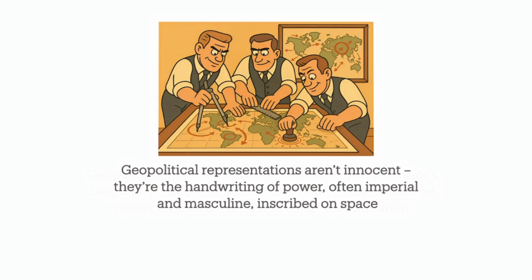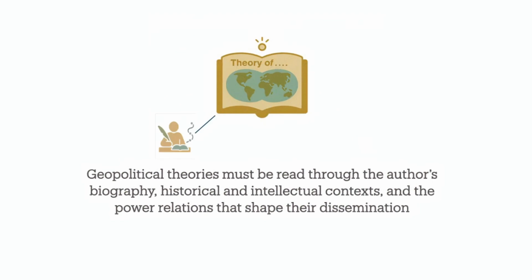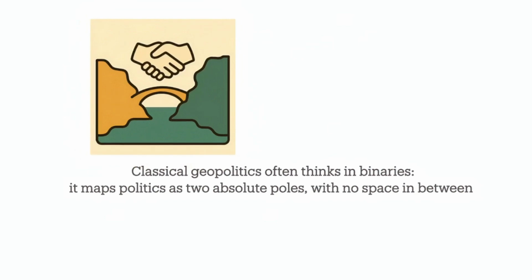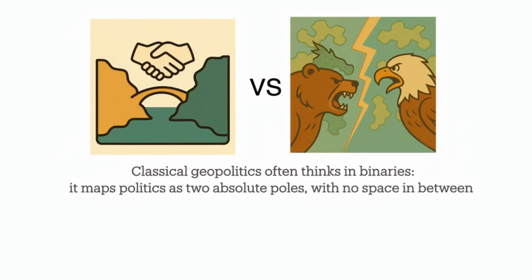Theories must be read through the author's biography, the historical context, and the power of dissemination that makes some ideas influential and others not. Critical geopolitics criticizes the classical tradition's love of binaries, sea powers versus land powers or geopolitical ally versus geopolitical enemy. All of this leaves little room for a mixed or balanced position in between.